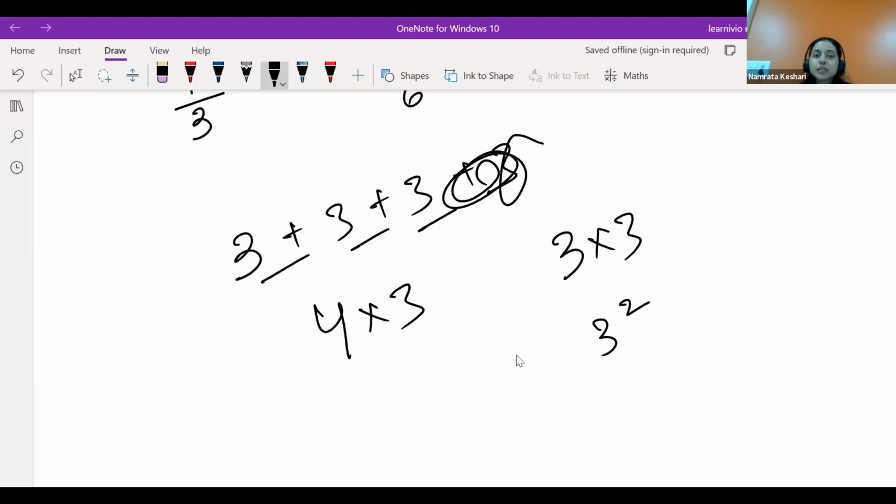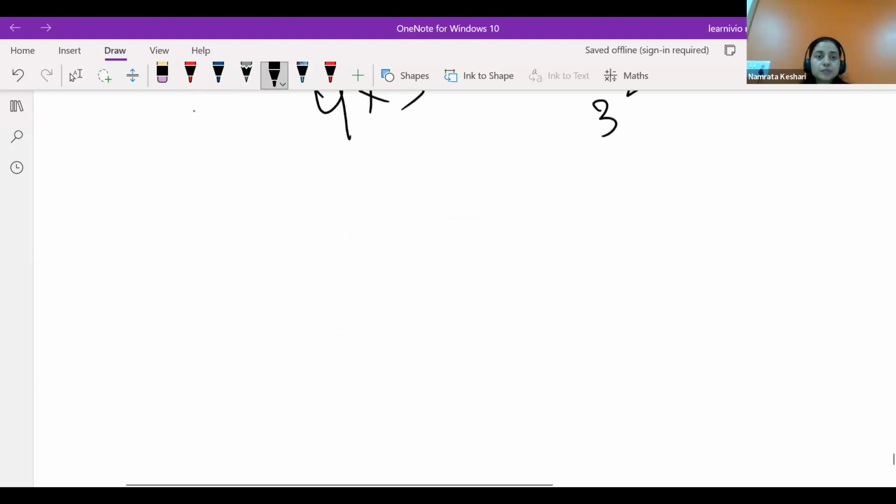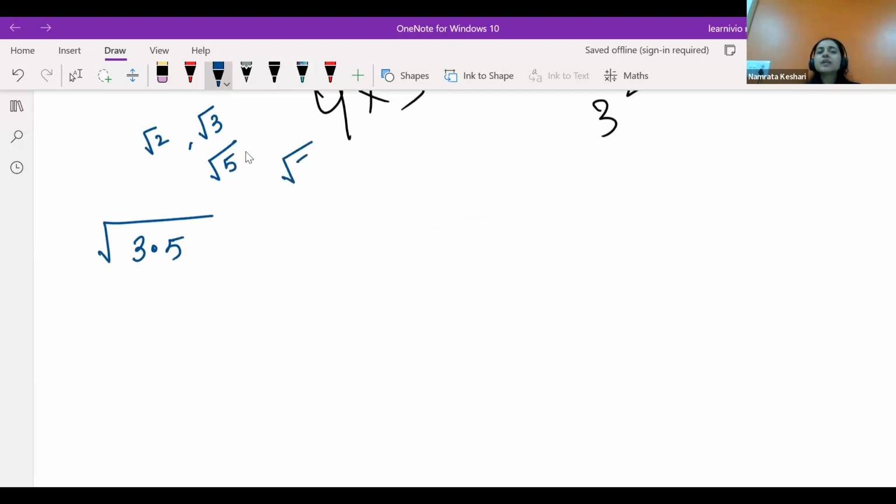If we have to locate this type of point, maybe under root 3.5. We know how to locate root 2, root 3, root 5. We will be able to figure out how to locate root 7. For now we don't know how to locate root 7, but maybe we will be able to figure it out.